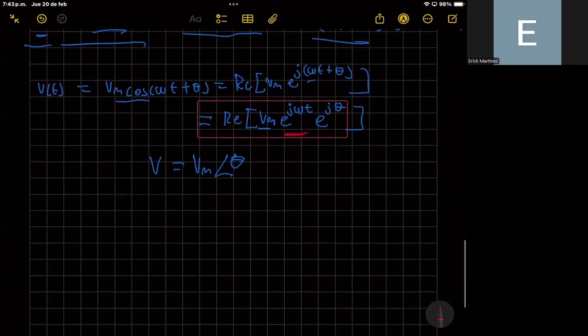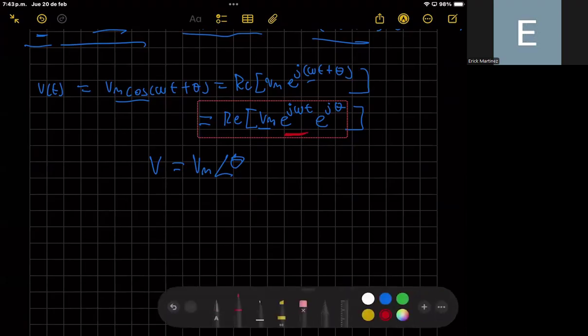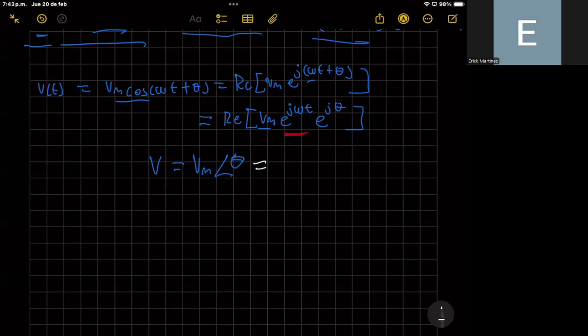I can avoid using this term in my calculation and only work with this complex number, Vm times e elevated to the j times theta, that I can express as follows. Now I will write it right here in order to be clear. V is equal to Vm times e elevated to the j times theta, which is basically the exponential representation of a complex number, and this is the polar representation.